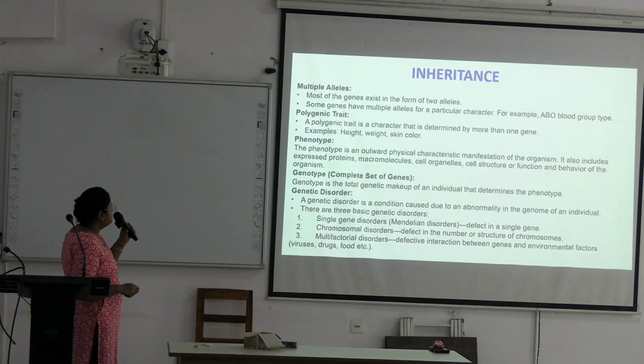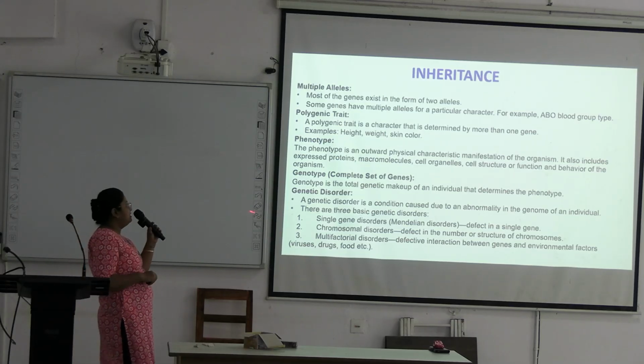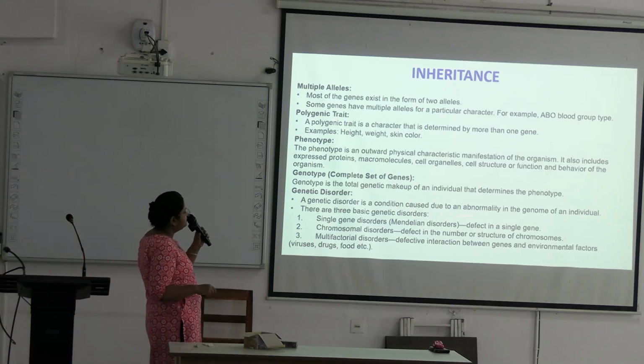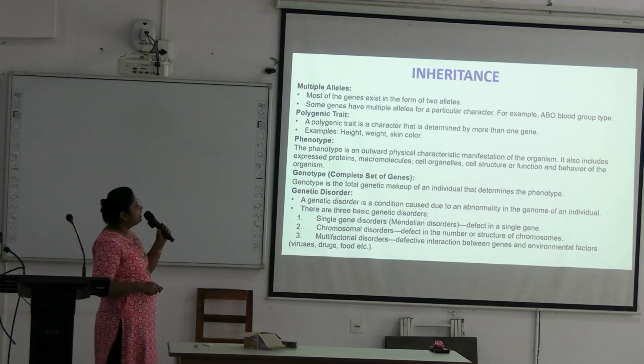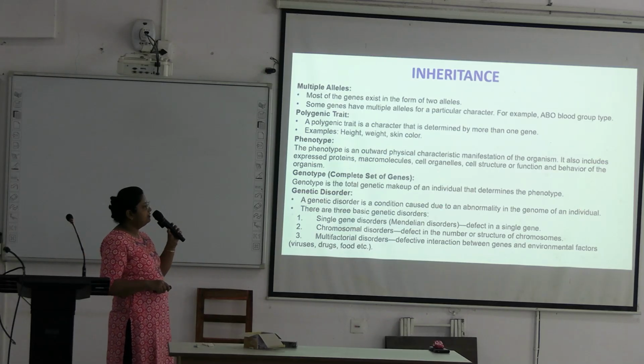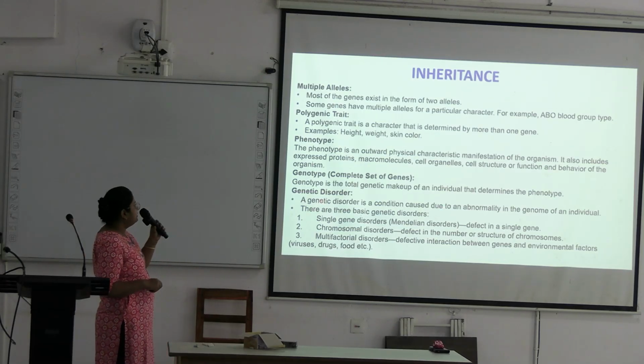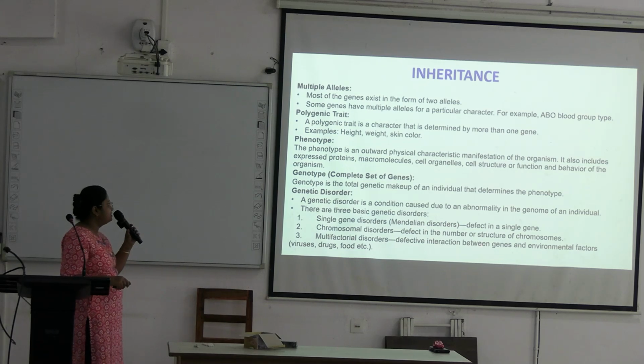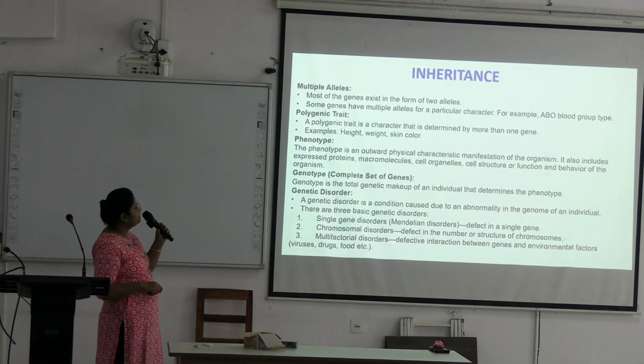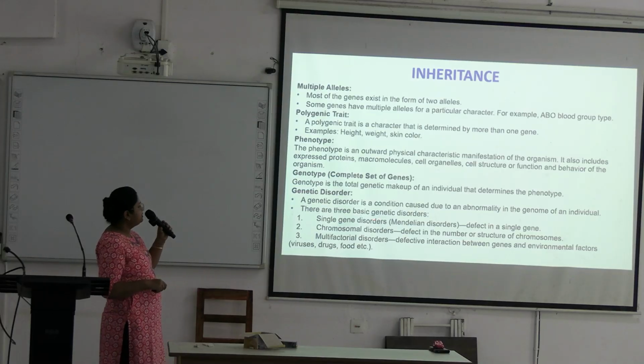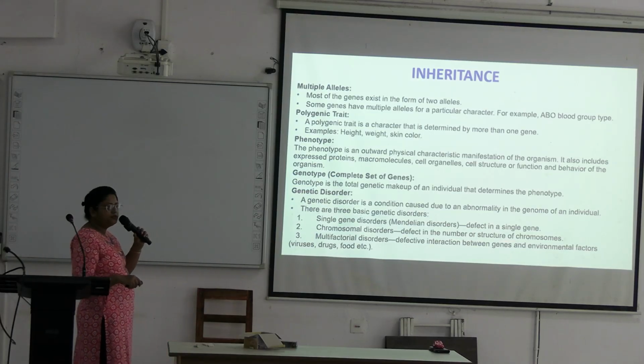Okay. Next is genetic disorder. A genetic disorder is a condition caused due to an abnormality in the genome of an individual. There are three basic genetic disorders: single gene disorders, chromosomal disorders and multifactorial disorders. Single gene disorders are known as Mendelian disorders.